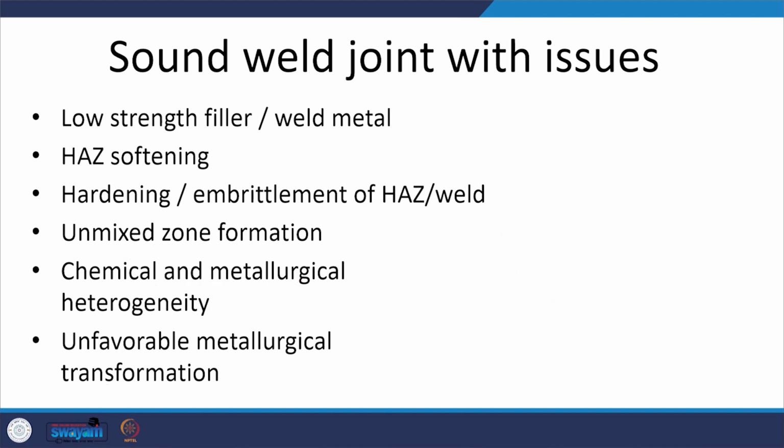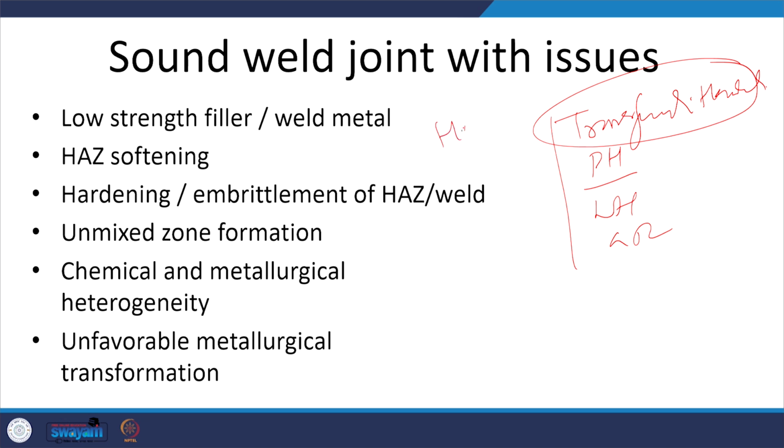This is particularly observed with the transformation hardenable metals. It can also be observed in case of the precipitation hardenable, work hardenable and grain refined metals. And in all these cases, in transformation hardenable metals, there will be hardening, while in other metals there will be softening. Okay. And all this credit goes to the unfavorable metallurgical transformation.